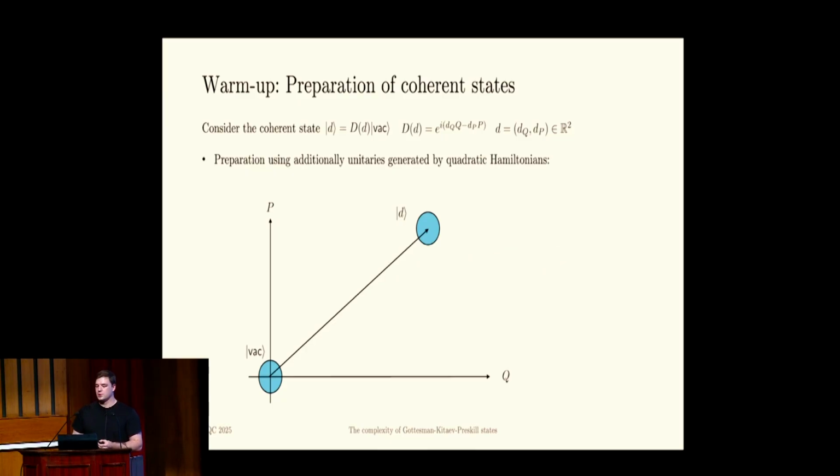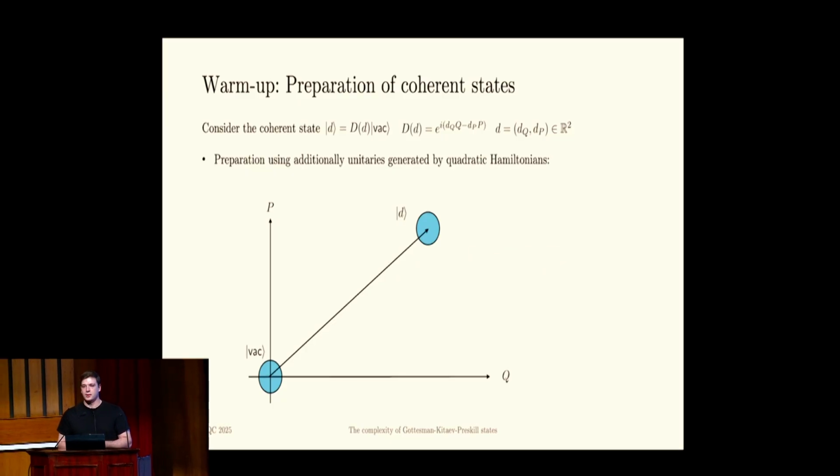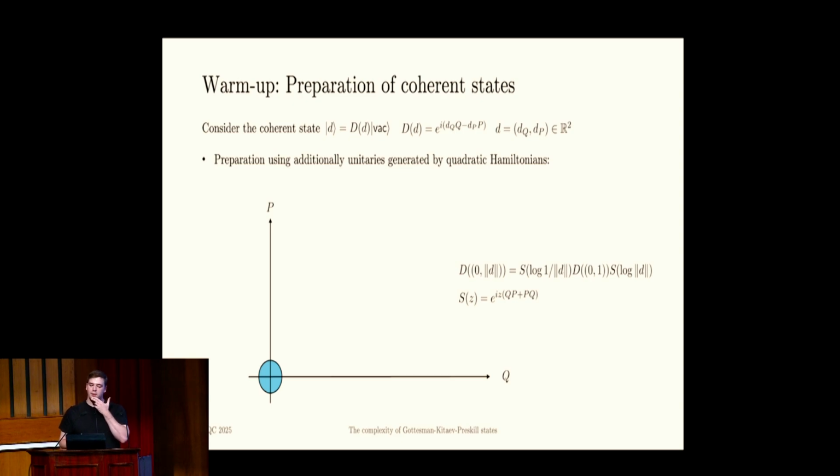So if we additionally allow unitaries generated by quadratic Hamiltonians, in particular squeezing, we can actually do much better. To see this, we note that a displacement in position, for example, can be rewritten as a squeezing operation followed by some constant strength displacement, followed by the unsqueezing.